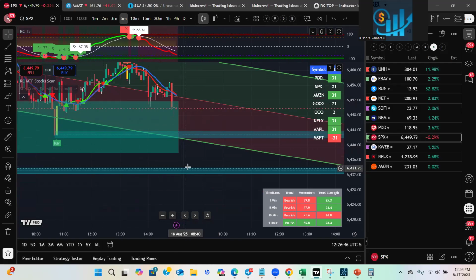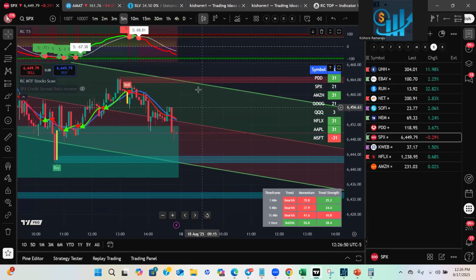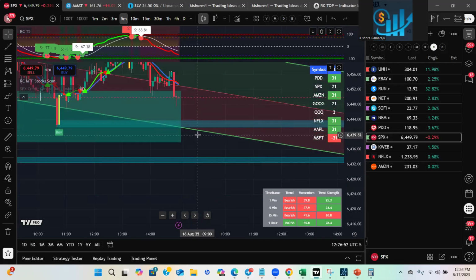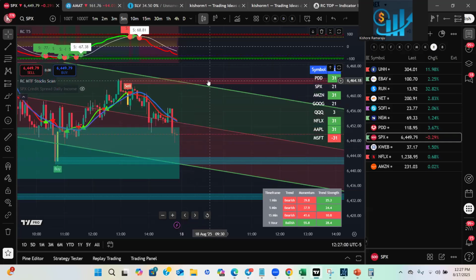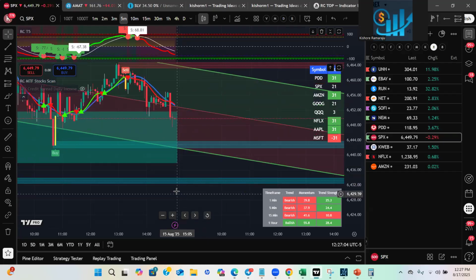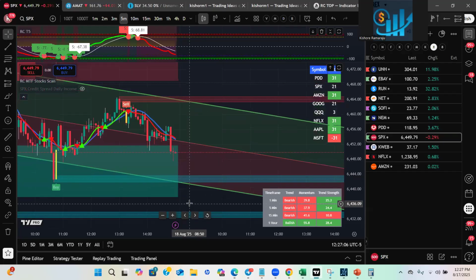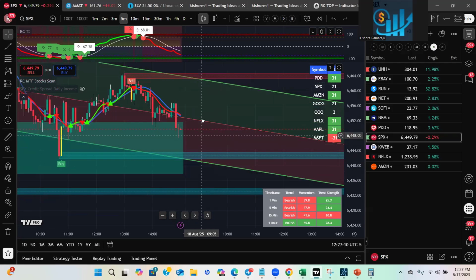You are at the bottom of the channel, at a support, and your resistance is somewhere here. So you do a bull put below this, collecting some premium, and you do a bear call above this, collecting premium. So you need $500 here, $500 here. So $1,000, with $1,000 you can do one contract.